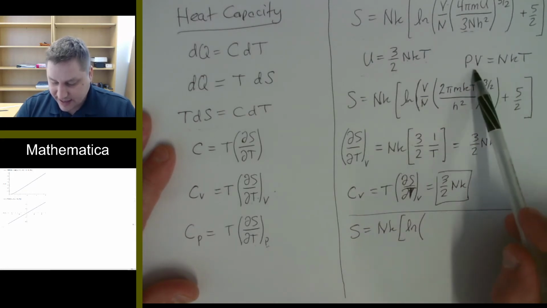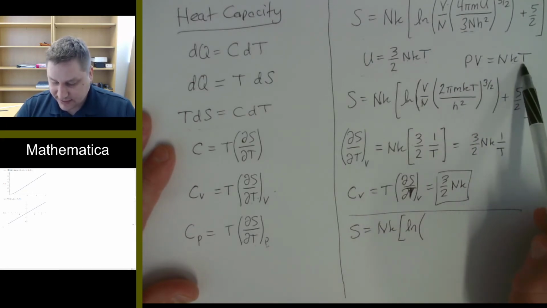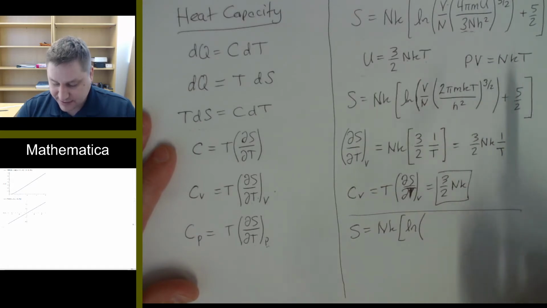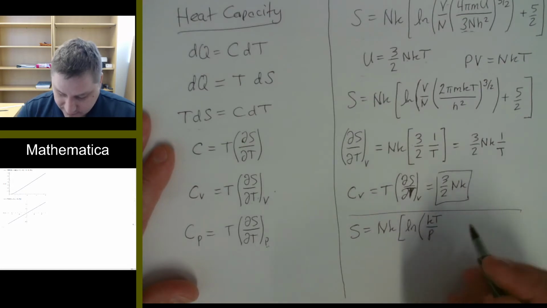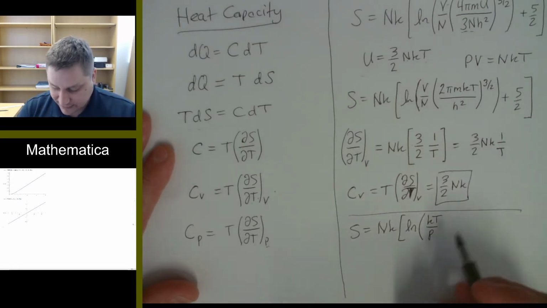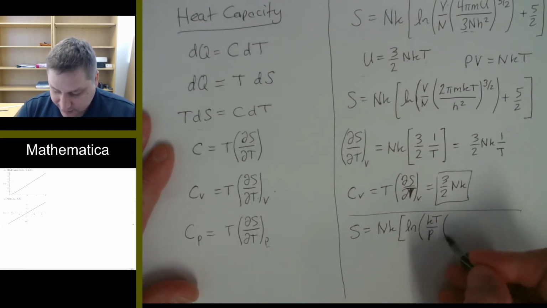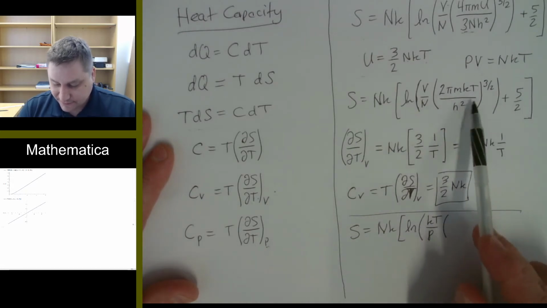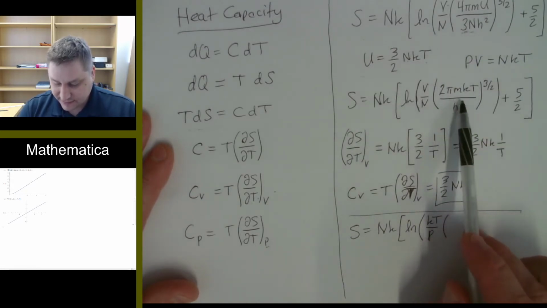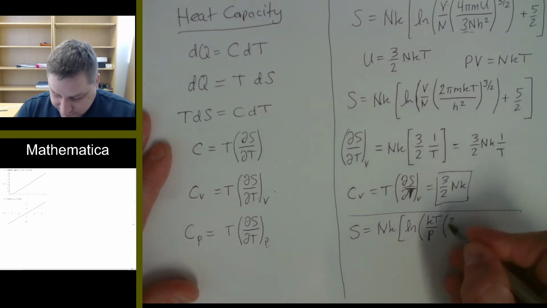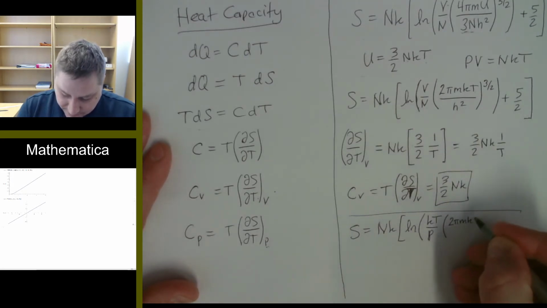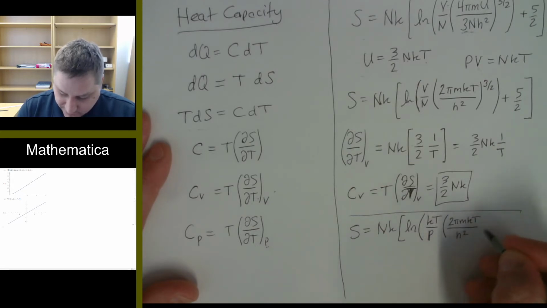V divided by N would amount to kT divided by P. So here for the V over N, to prepare for this derivative, I will switch that for kT over P. And then I'll do the same thing for the internal energy that I did in the previous heat capacity. This will change to 2 pi m kT over h squared to the 3/2.